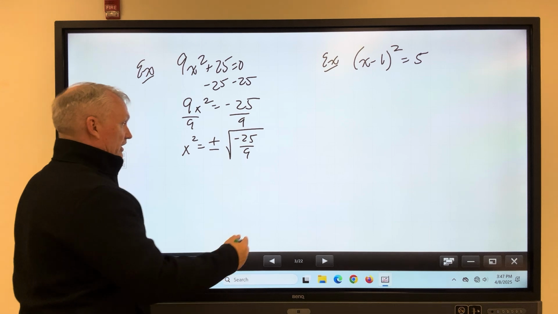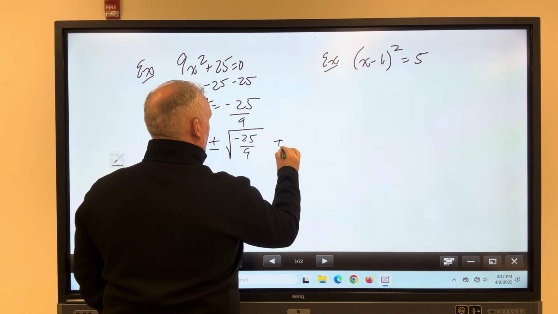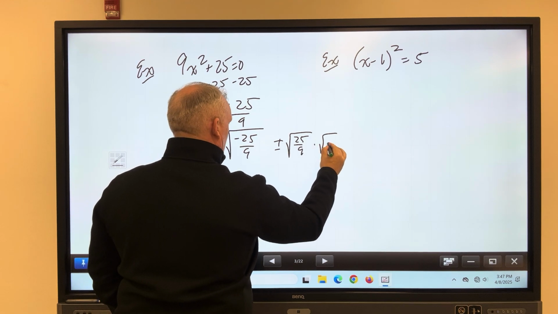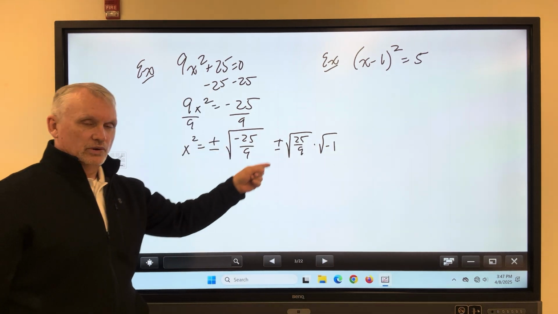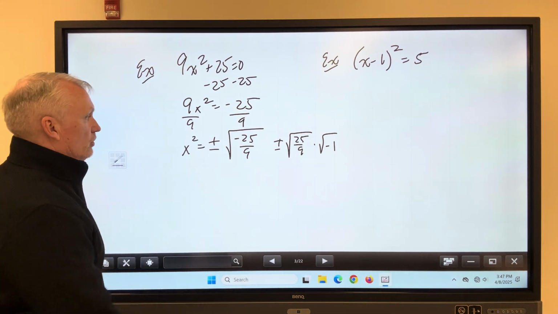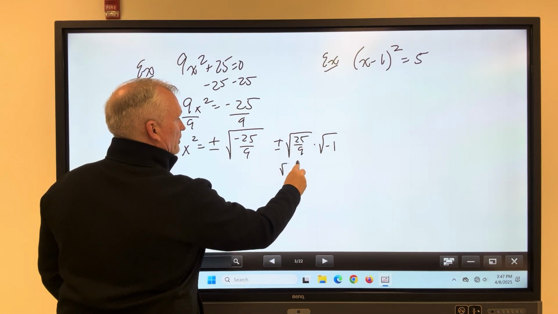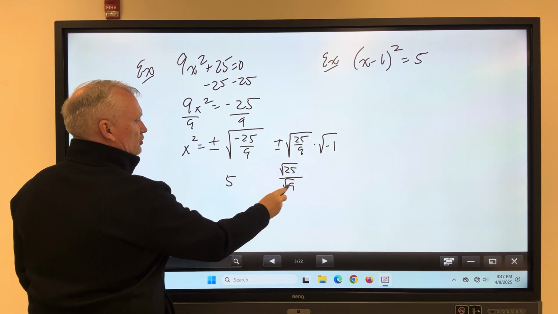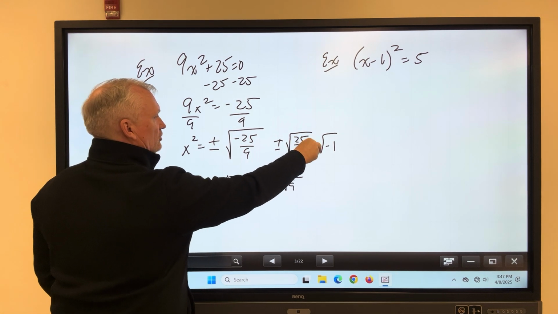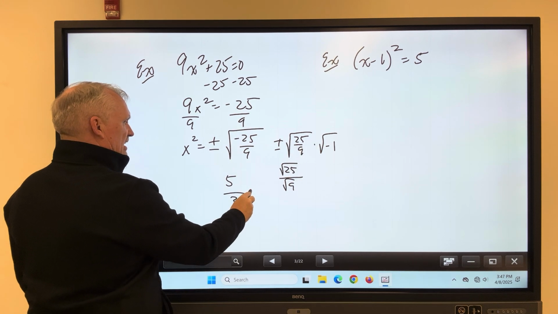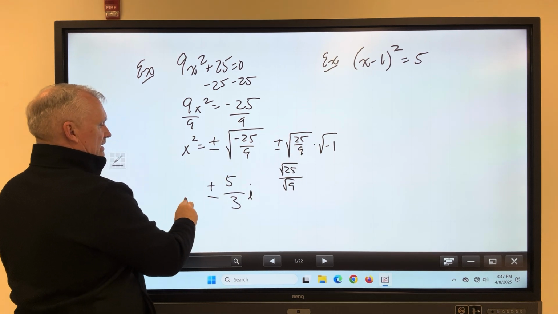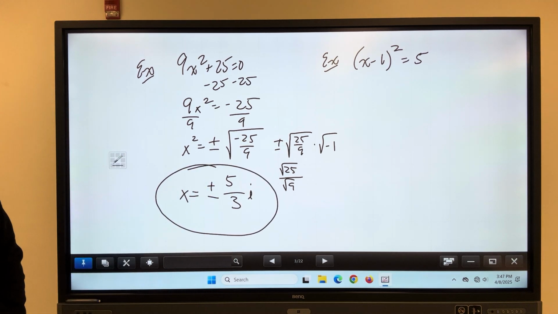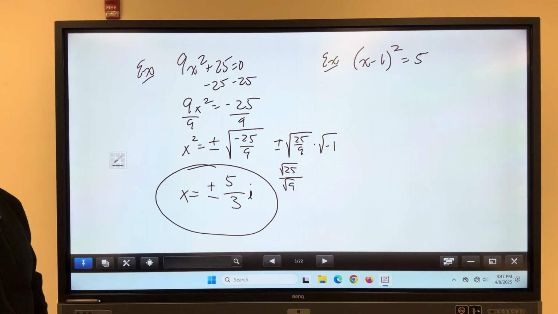Which is also to say that this is plus or minus the square root of 25 over 9 times the square root of negative 1. Anytime that you have a negative in there, make it a negative 1. Well, I can put the square root over the top and the bottom. The square root of 25 is just 5, the square root of 9 is 3, and the square root of negative 1 is I. X is equal to plus or minus 5 over 3 I.